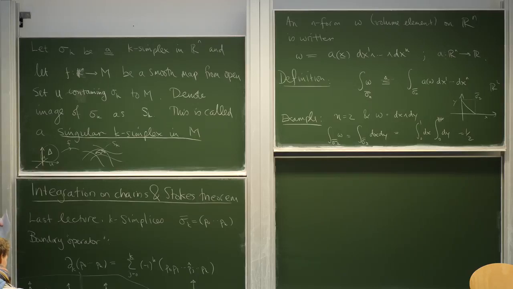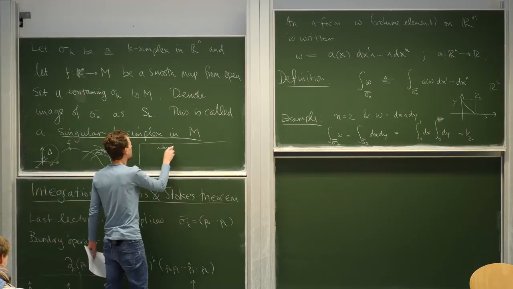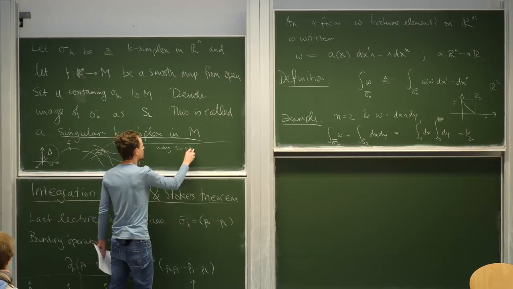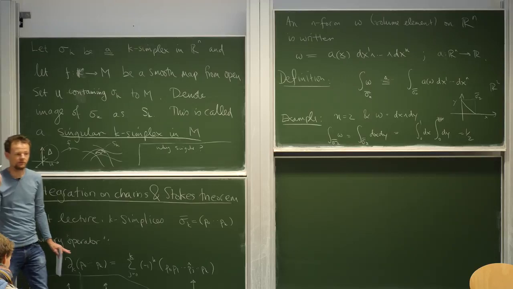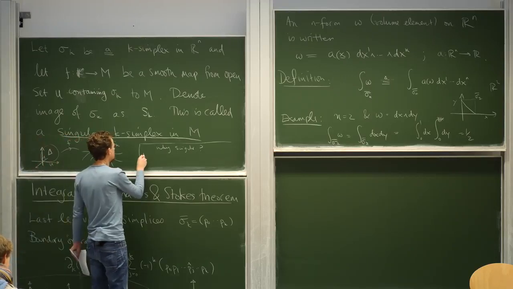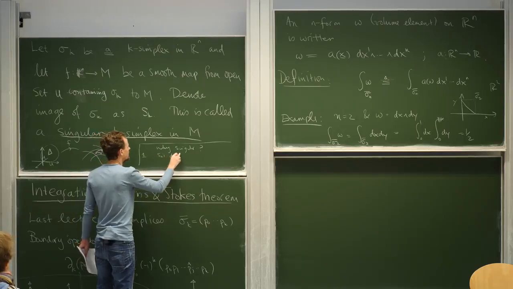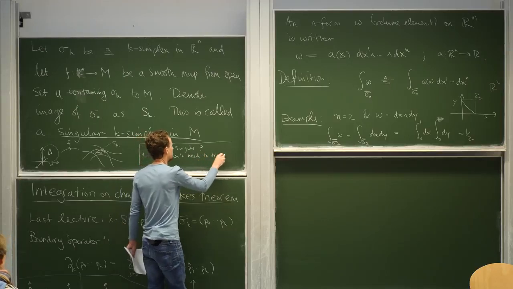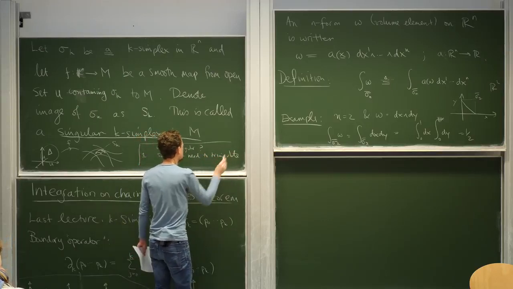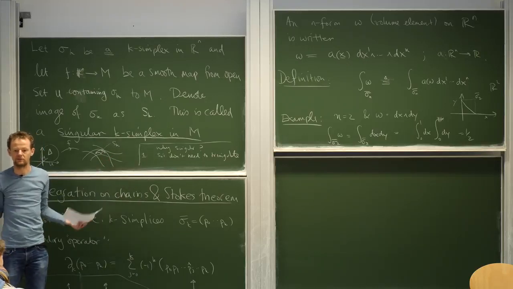Now, why singular? What's singular about it? Well, there's two reasons we're going to call it singular. Number one, these S_k don't need to triangulate the manifold. So they don't need to be complete in some sense and cover all of the manifold in little triangles.